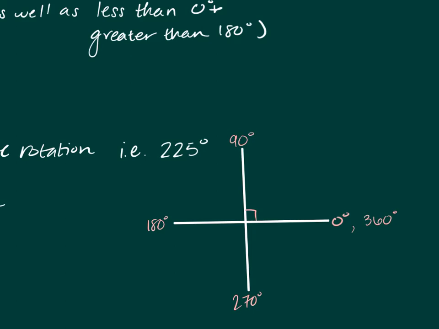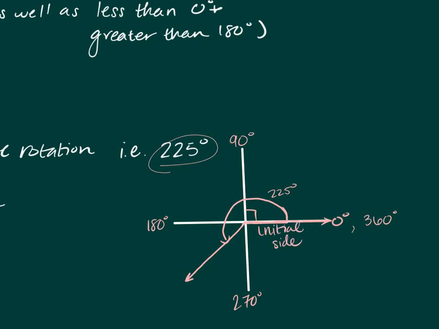For 225, we want to find where 225 is. Since we're moving in the positive direction, our arrow's going to move in that direction, and we're going to go to 225, which is greater than 180 but less than 270, so we're going to be right there. So this is the angle 225. This first side starting at 0 is the initial side of our angle.